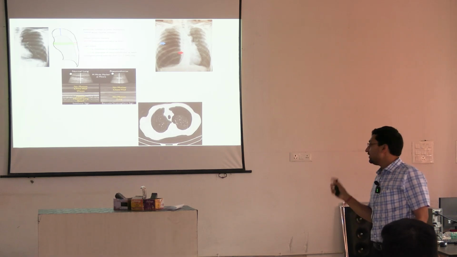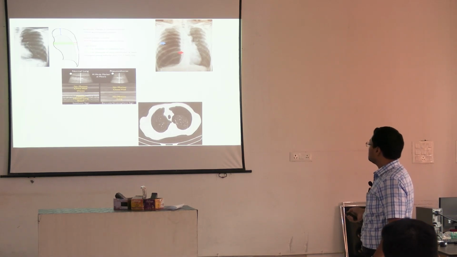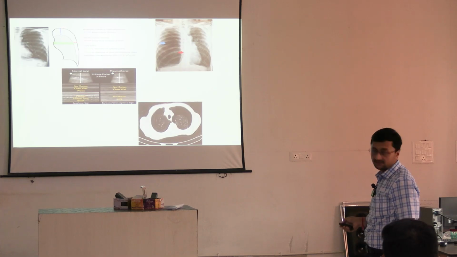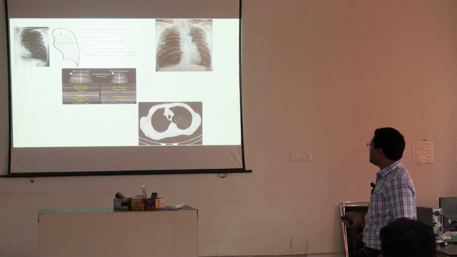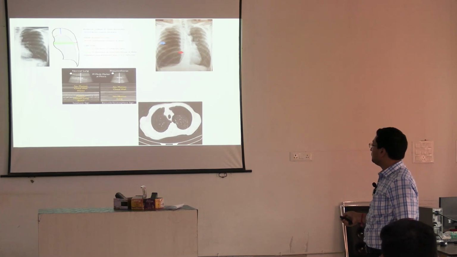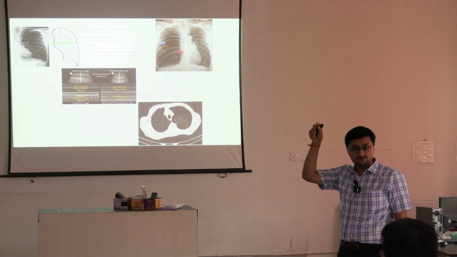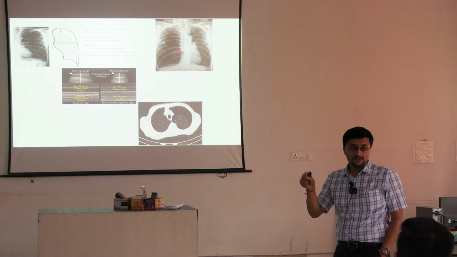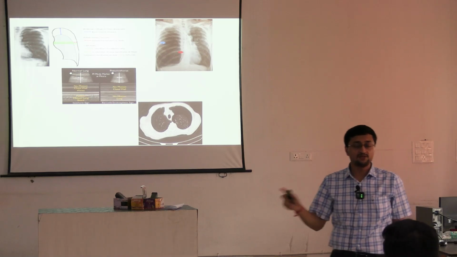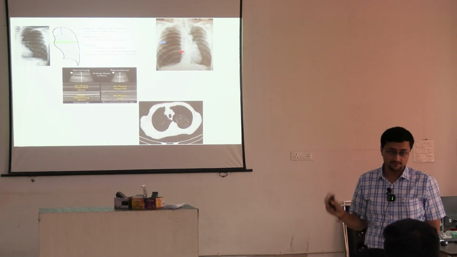BTS criteria. Suppose this is the ATS criteria, the apex to cupola distance. That means you have to measure from here to the visceral pleural lining, from the apex to the visceral pleural lining. If this is more than 3 cm, then you can call it a significant or large pneumothorax.